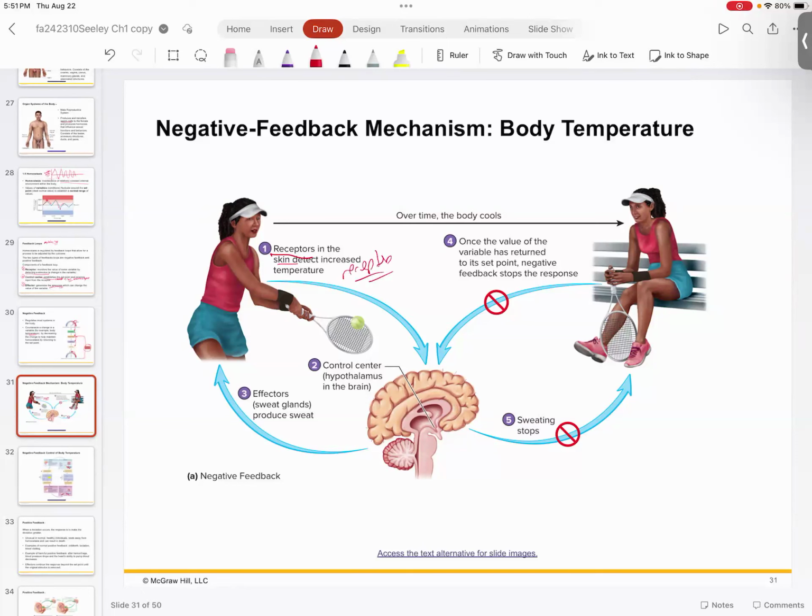Then what's going to happen is it's going to send this information to your control center, in this case, your hypothalamus, which is this region right underneath here, right just below the thalamus. And the hypothalamus is like your thermostat. That's the part of the brain that's basically going to process the information, and it's going to tell your body what to do if your core body temperature is fouled up.